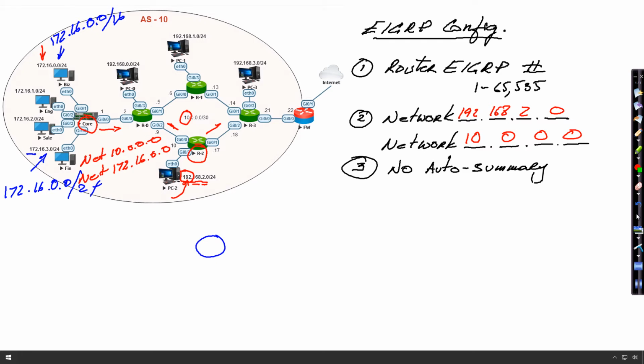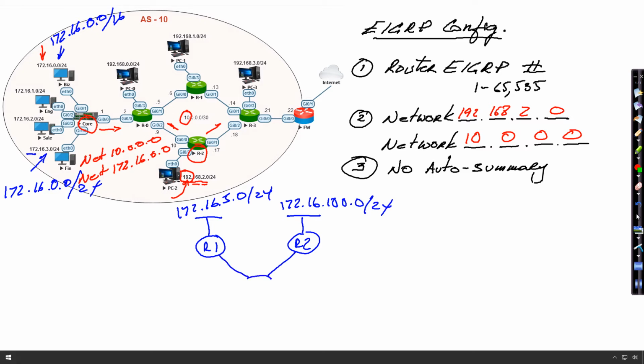I have router 1 here. Behind router 1 is the LAN with 172.16.5.0/24 network. And router 2, its LAN is 172.16.100.0/24 network. Upstream of both router 1 and router 2 is router 3.